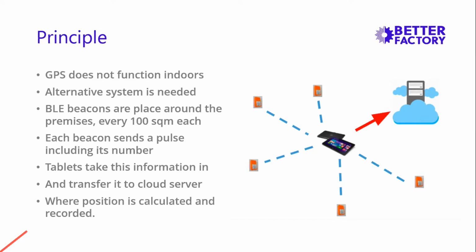In short, we place the beacons. Those are the little orange boxes around the factory. And what they do, they broadcast a signal every second, let's say, with their unique identifier. And if I go through the factory with a mobile phone or a tablet, I can read all these signals, and each of the signals has a different strength.